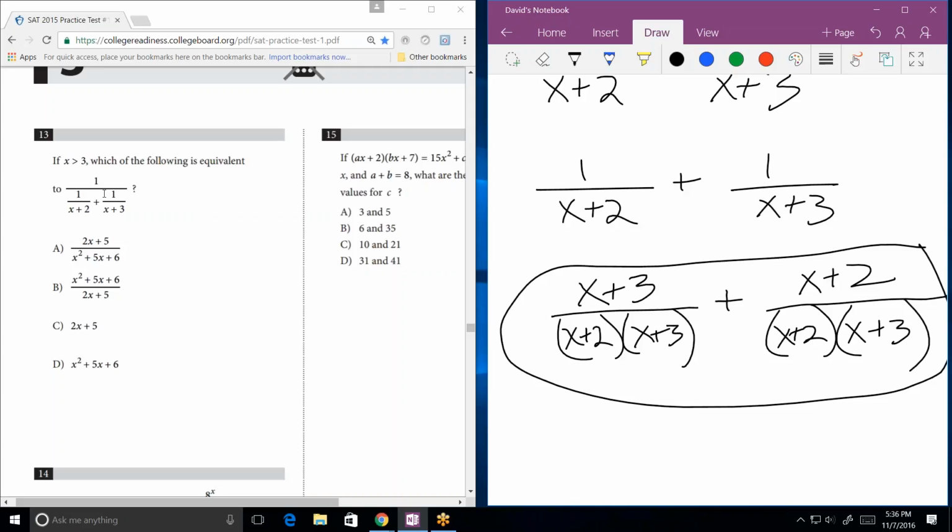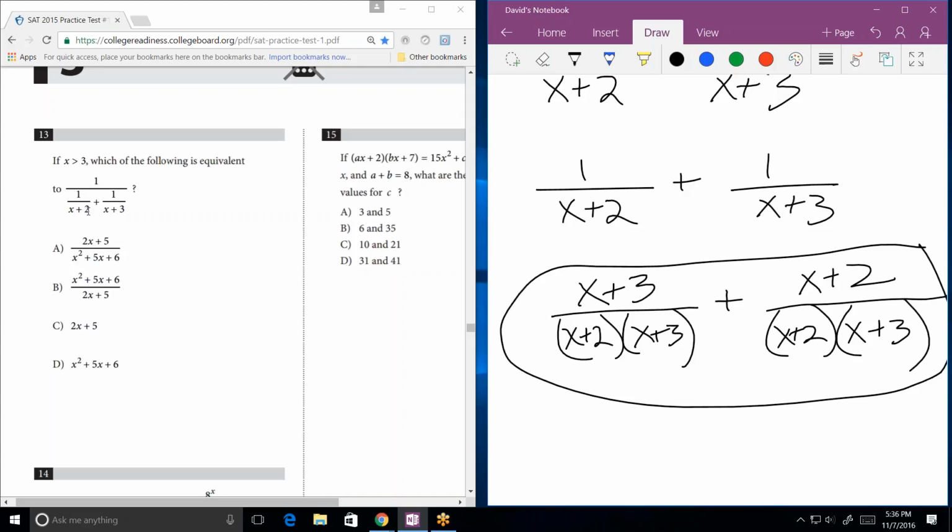If I didn't have this restriction, then B would be my answer, but I would also have to say that x can't be minus 2, x can't be minus 3, and in fact x cannot be 5 halves or minus 5 halves, because now we've violated the restriction of dividing by 0.